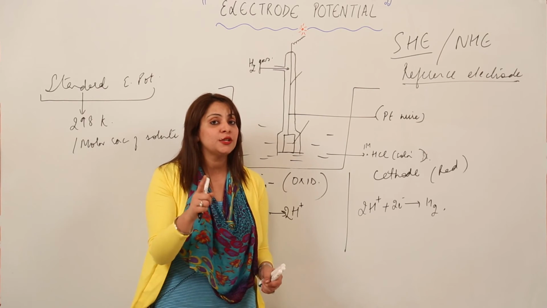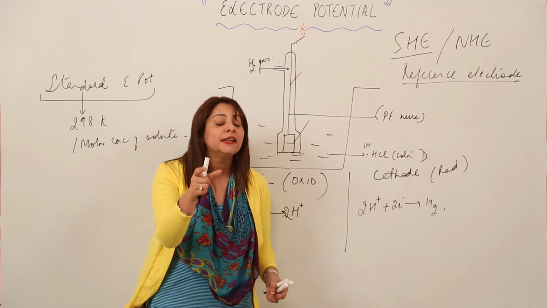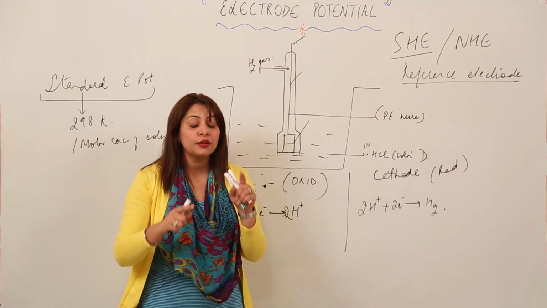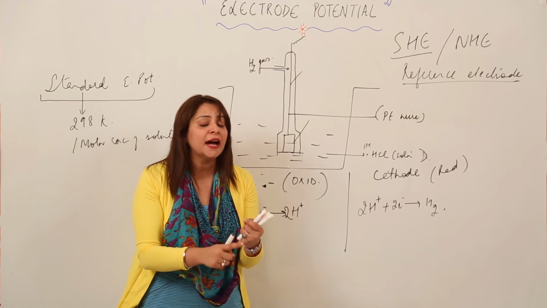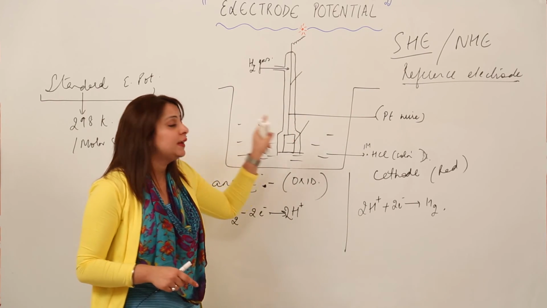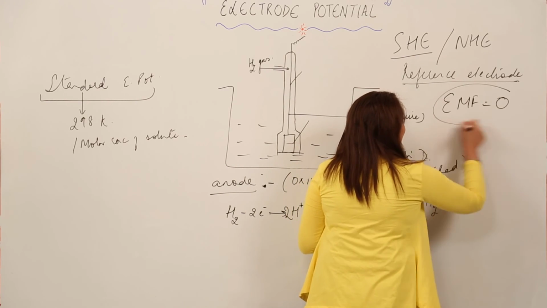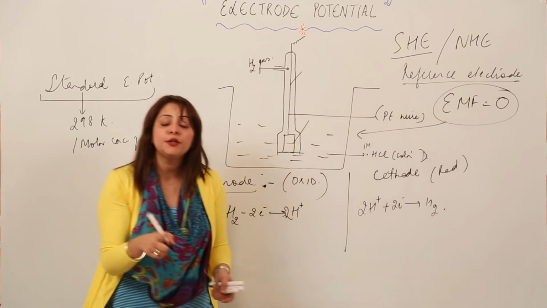And one more thing you get to know, because we will be needing the relative value for the EMF, right. You should know, and you have to cling to this fact, that the EMF value for this SHE is arbitrarily taken as 0, right. So the EMF for this SHE is decided to be 0.